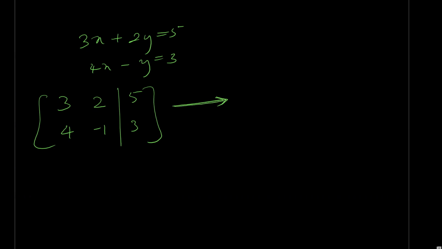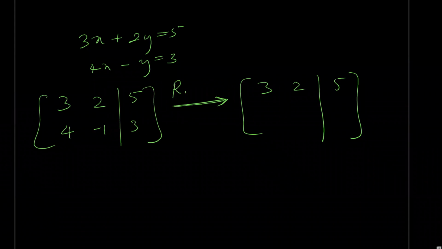So I do nothing to my first row. So 3, 2, 5, I keep it there. Second row, what I'm going to do is add first row and second row, 2 times R2. So I'm going to multiply the second row by 2 and add it to the first row and keep that result on the second row.